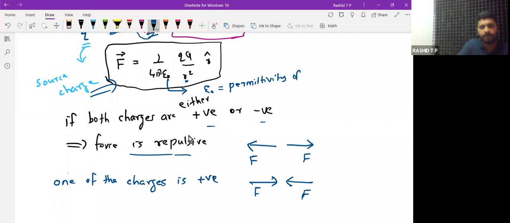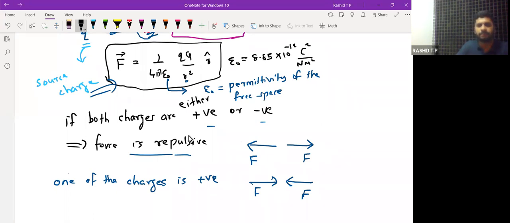The value of epsilon 0 is 8.885 into 10 power minus 12 coulomb square per newton meter square.